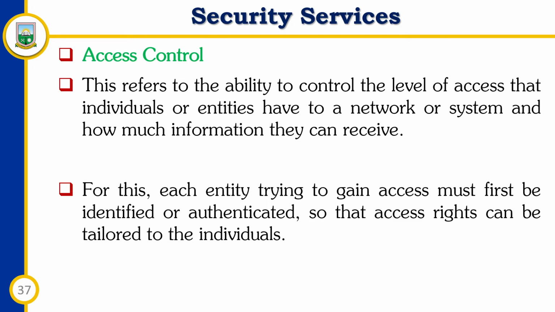Now the students' access control does not allow them to create a course or invite other students into the class by creating enrollment keys and the rest. So each user of the system has something we call access control, which controls the level of access of such individuals on the system.